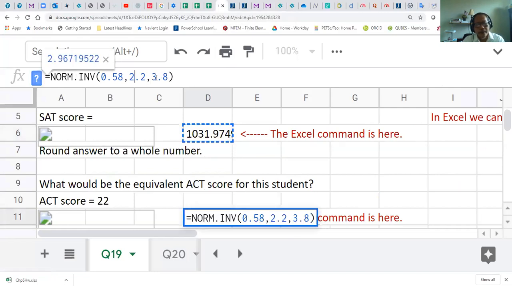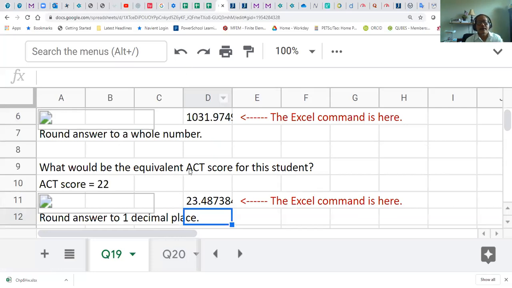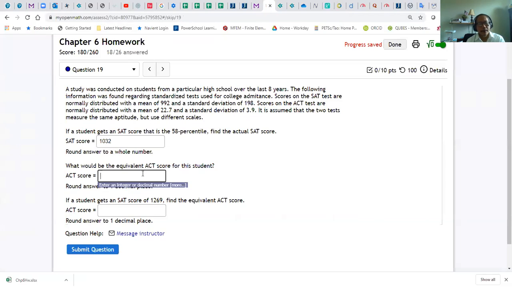If you're looking for one decimal place, the answer would be 23.5, right?